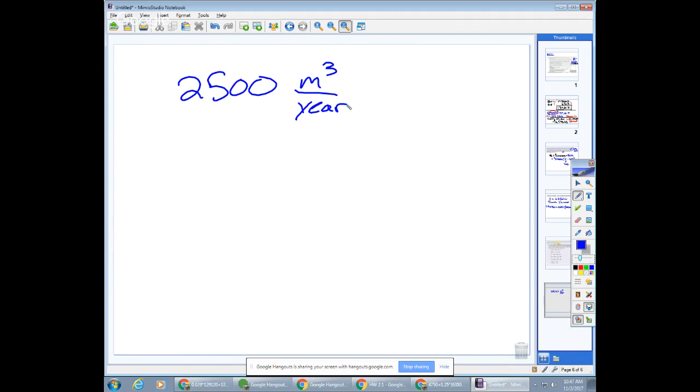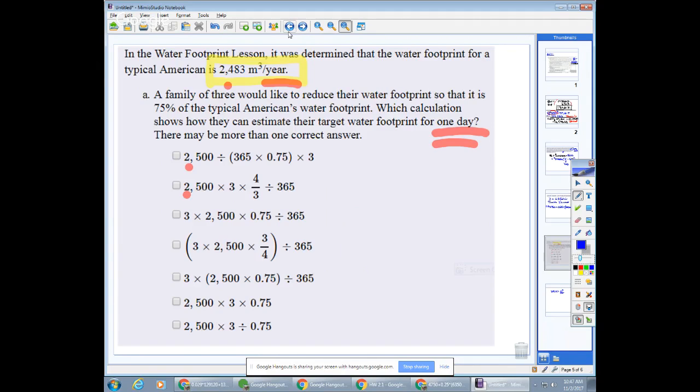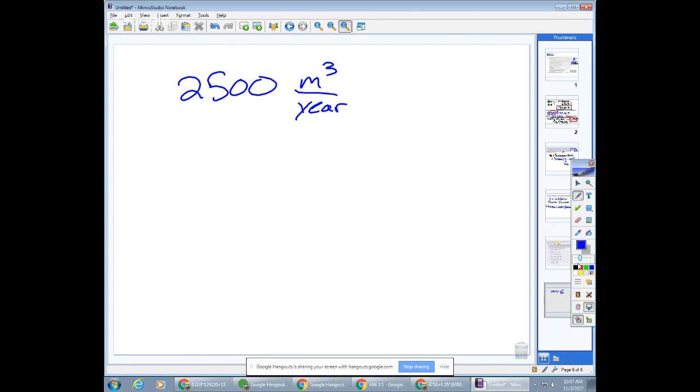And we want to take it down to 75% of that. So 75% of just means times. So we would multiply that by 0.75.